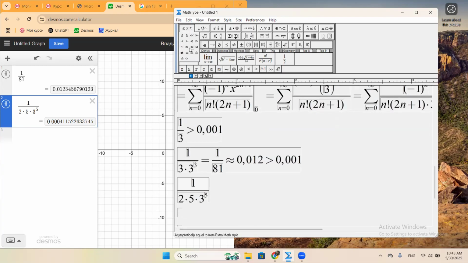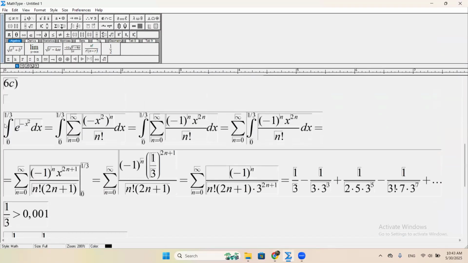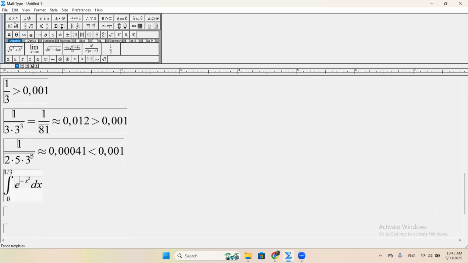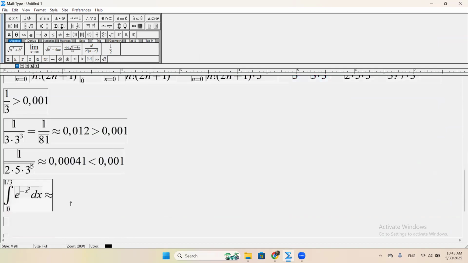So it equals approximately 0.00041. It's less than 0.001. So it will be enough for us to calculate only these two values. So this integral equals approximately these values.